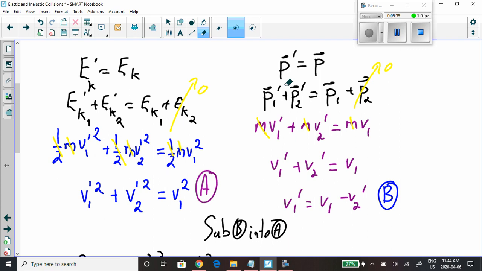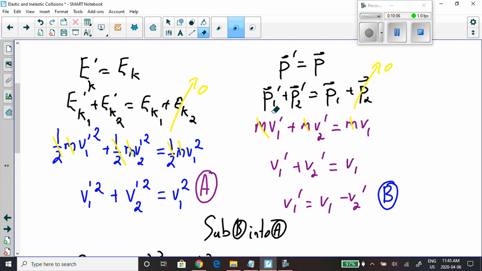So it would equal P1 prime, the momentum of the first object after the collision, plus P2 prime, the momentum of the second object after the collision, is equal to, on this side, the total momentum before the collision, which would be the momentum of object 1 plus the momentum of object 2. Well, luckily for us, object 2 wasn't moving, so that whole term is 0.